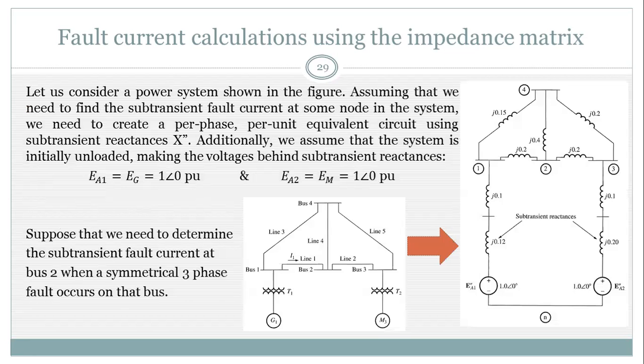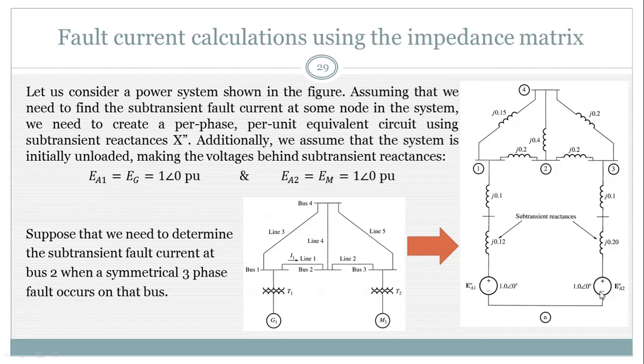To discuss this topic, here is a one-line diagram of a particular power system. This power system contains 4 buses, and bus number 1 is connected with a generator, and this j X d double prime is the subtransient reactance of the generator, and this is the reactance of the transformer T1.